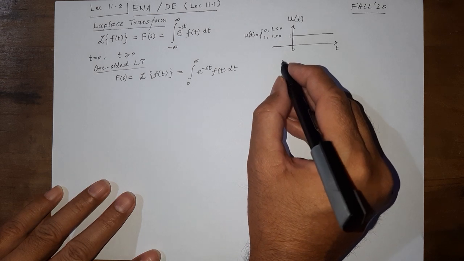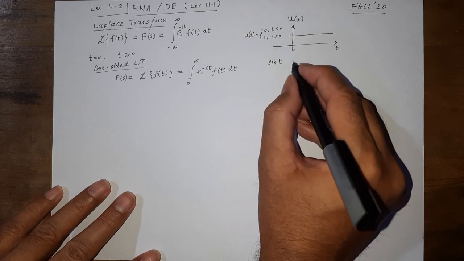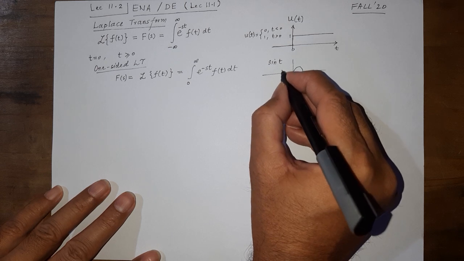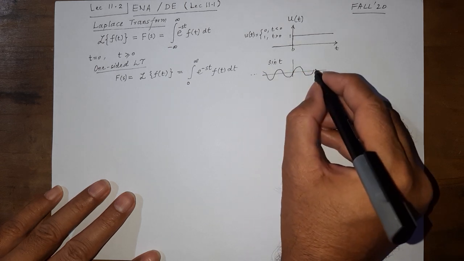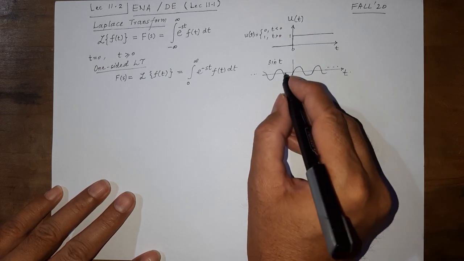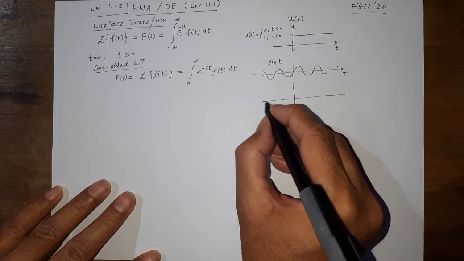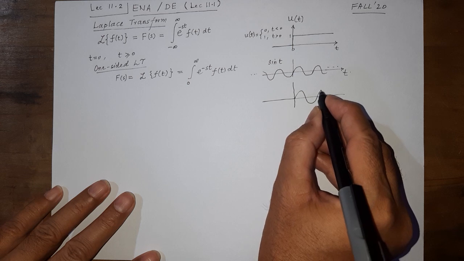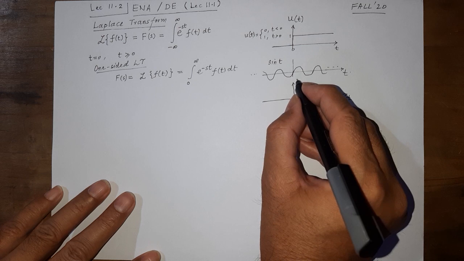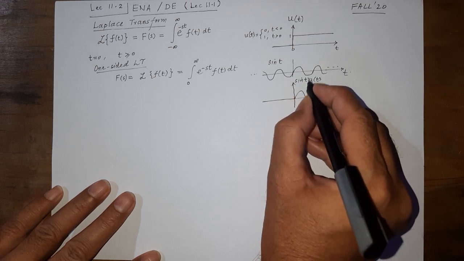So if we have any function like sine of t, then we know that sine t is an eternal function. It starts from minus infinity and goes on forever. But if this function gets multiplied by u(t), we are going to get 0 here, and then the sinusoid, and we write this as sine t u(t).